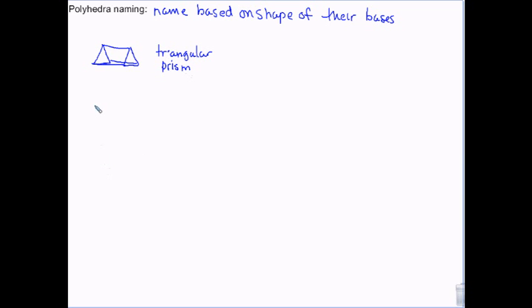Or if I have a box, that's a rectangular prism.